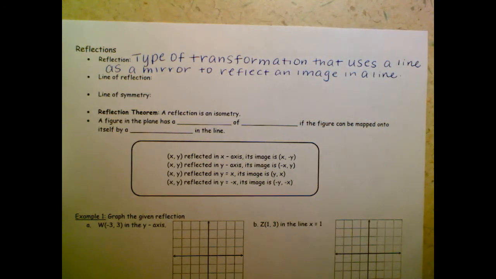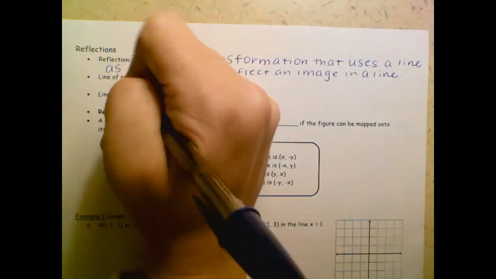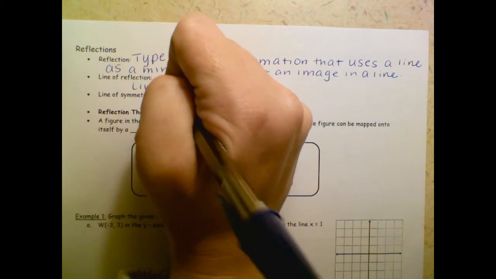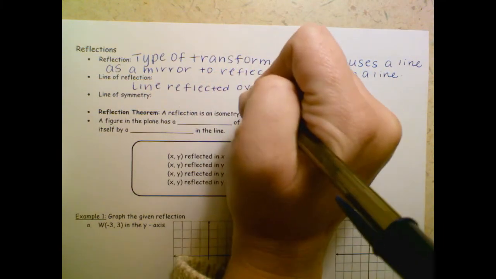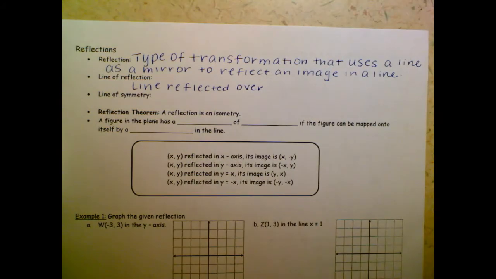The line of reflection is the line that it's reflected over. Line of symmetry is a line that allows the figure to be mapped onto itself.